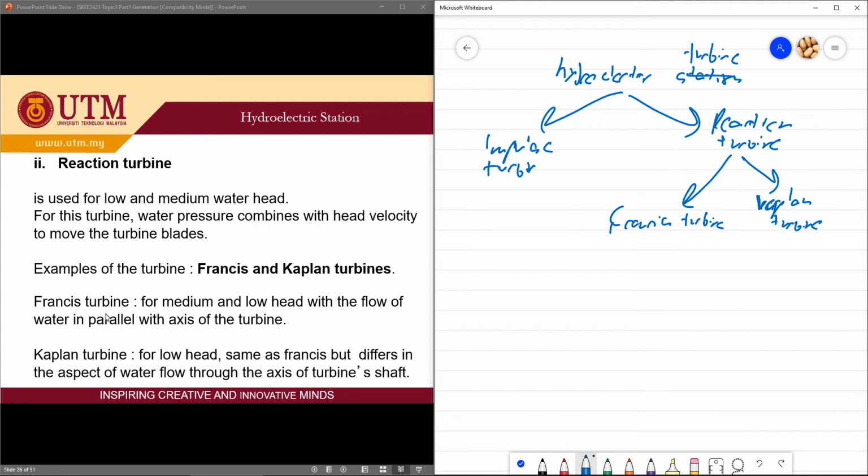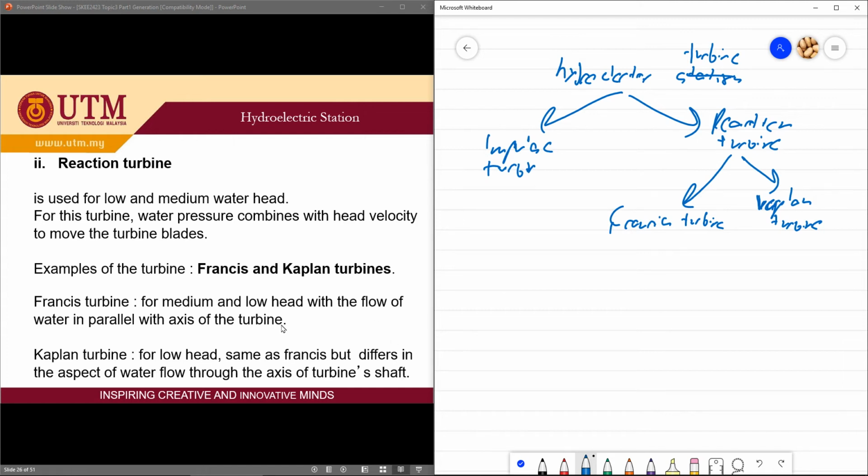Francis turbine is suitable for low and medium head. The difference between Francis and Kaplan turbine is that for Francis, the flow is parallel to the axis of the turbine, but for Kaplan, the flow goes through the axis of the turbine shaft.